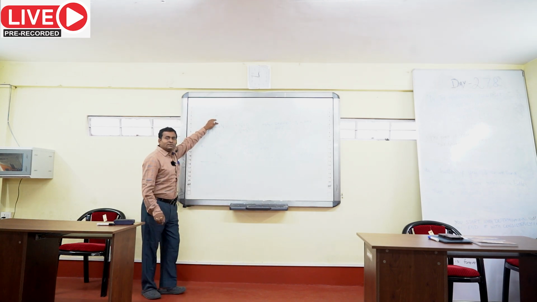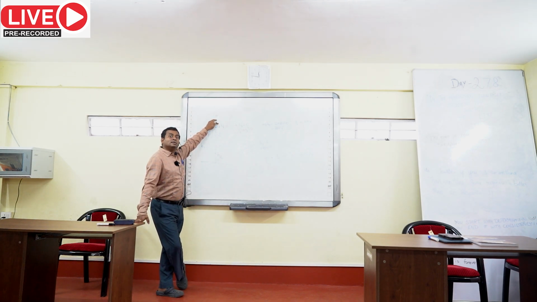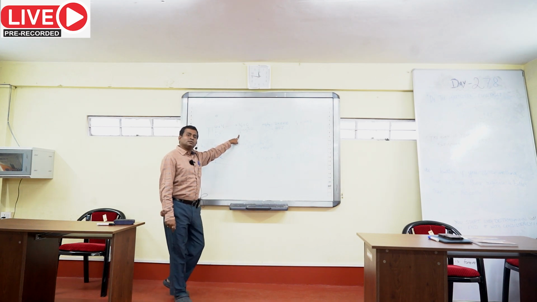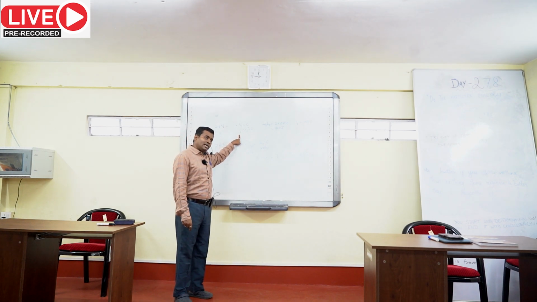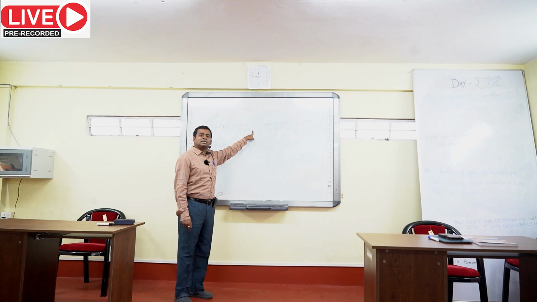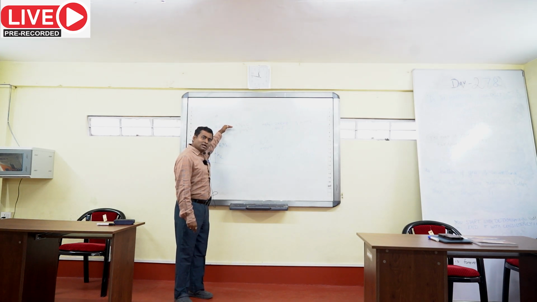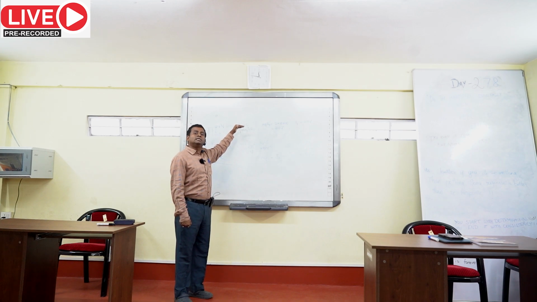What is the velocity given here? 0. Why? Because it is just released. So what is the kinetic energy at this point? Half m v1 square. So v1 is 0, which means this entire term is 0. It is at a certain height above the ground. That height is given as 10 meter.